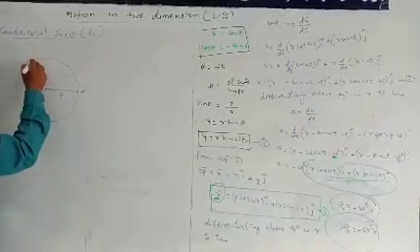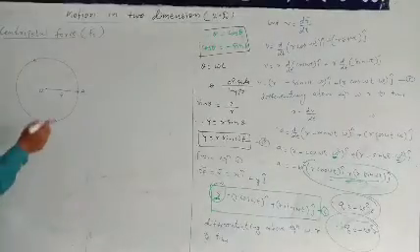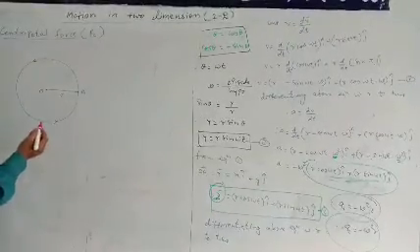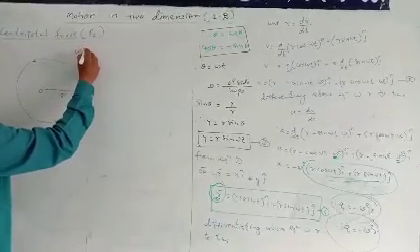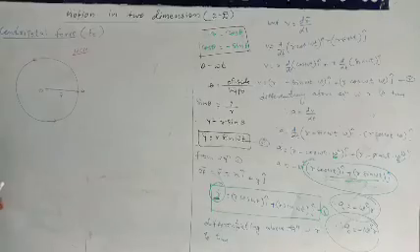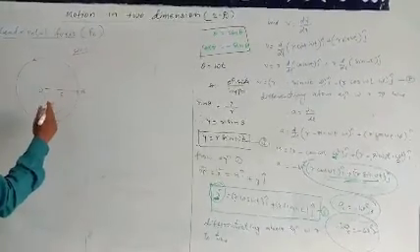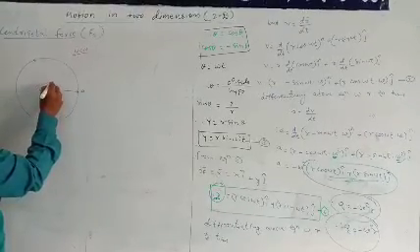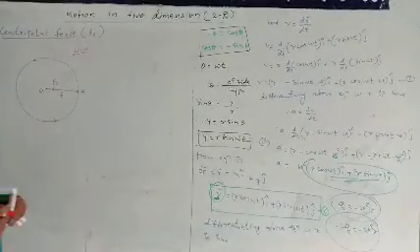When a particle is performing UCM, then a force is acting on that particle which has direction towards the center. If the direction of that force is toward the center, then definitely it is called centripetal force.